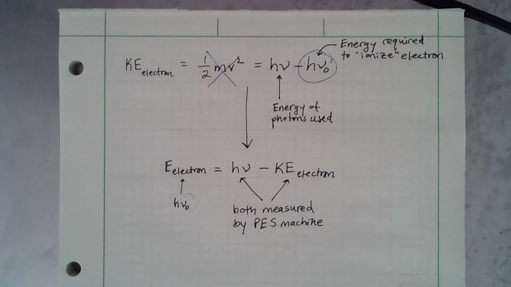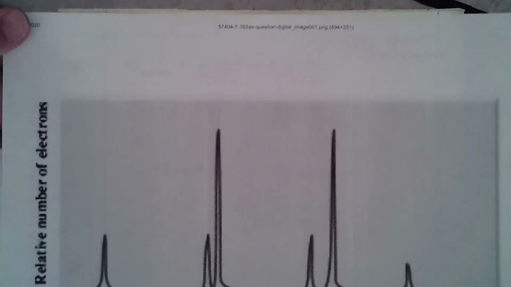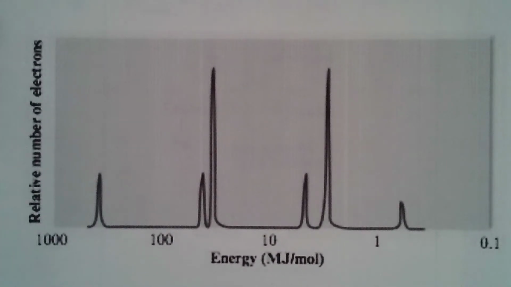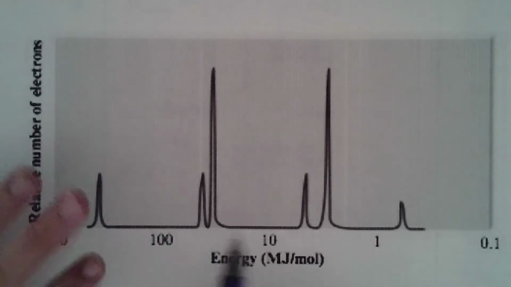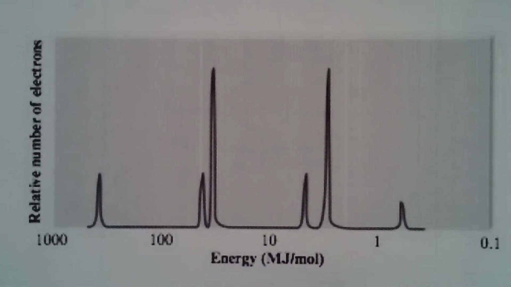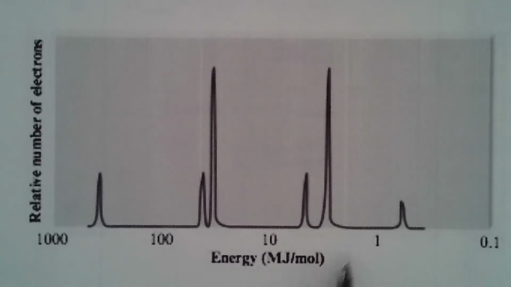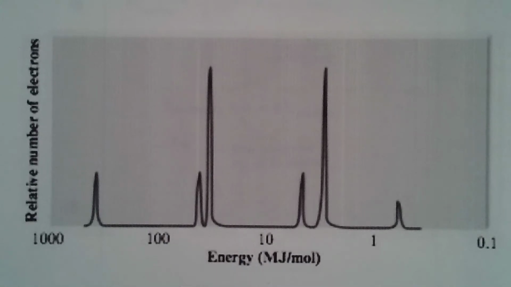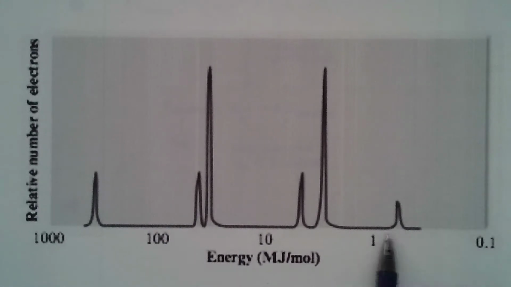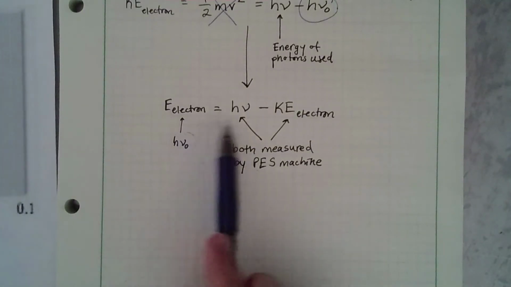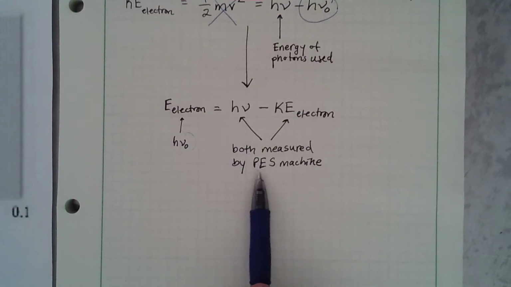So what does that mean when we look at a photoelectron spectrum? Let me talk about that for just a minute before I get to the problem we're going to do with this. What that means is that for this electron or electrons right here, this energy value, which is somewhere about 0.8 megajoules per mole, is being calculated by the photoelectron spectrometer.